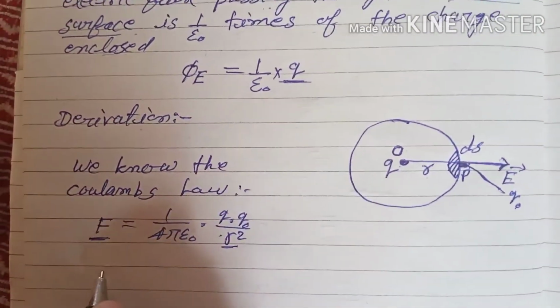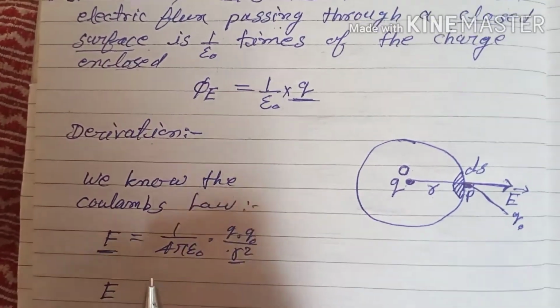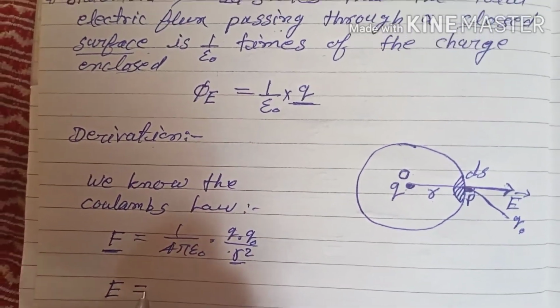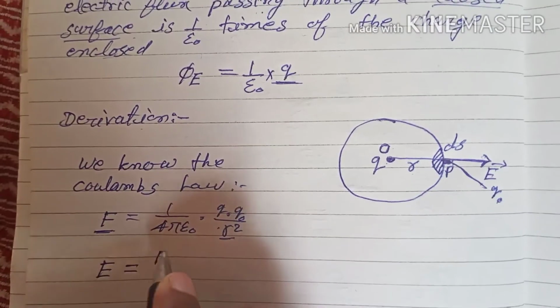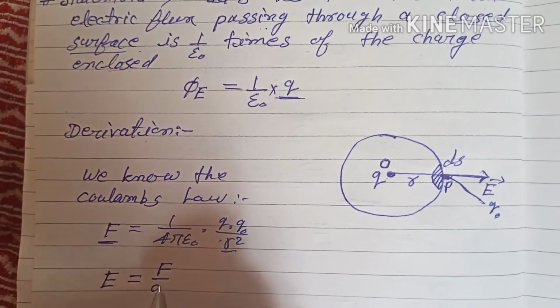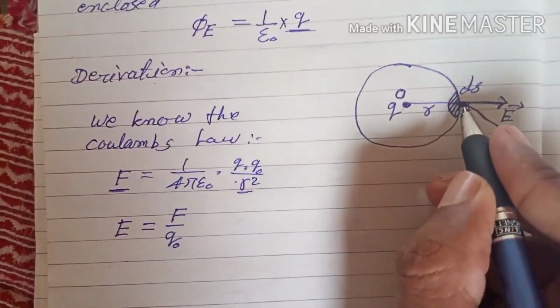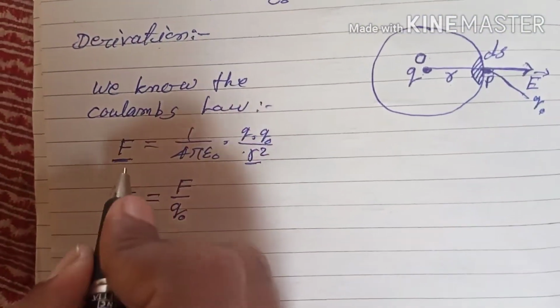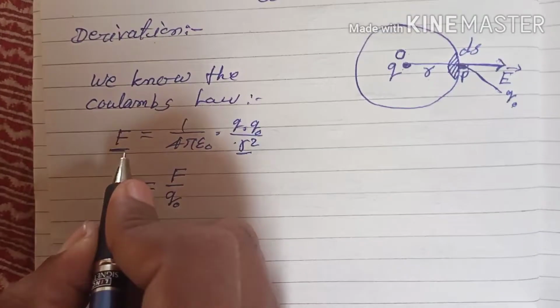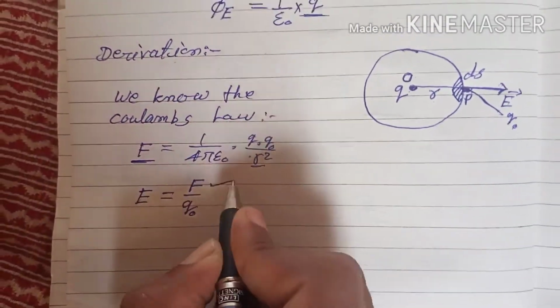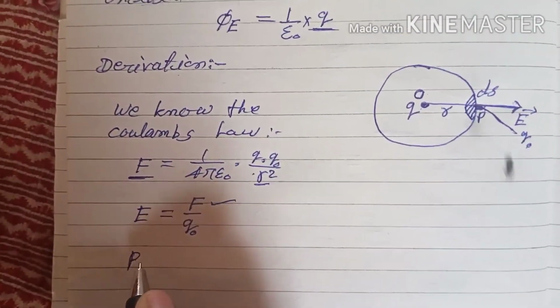And you know electric field intensity, you have read this. Electric field intensity E is equal to F upon Q0, where Q0 is the charge at point P. So we put the value of F in this.